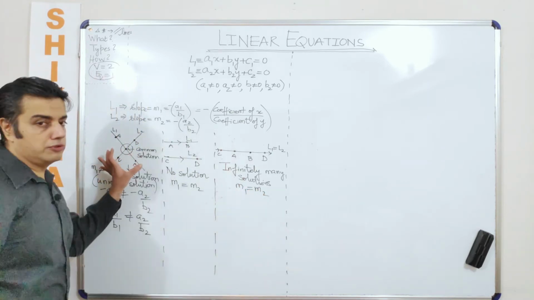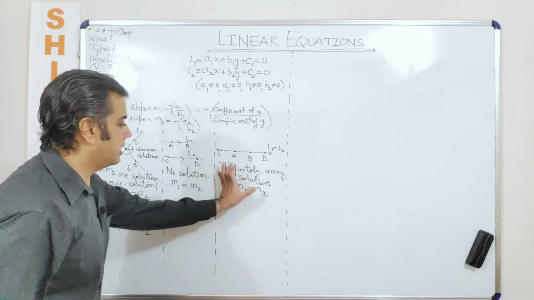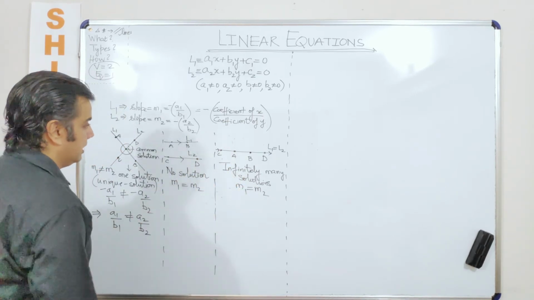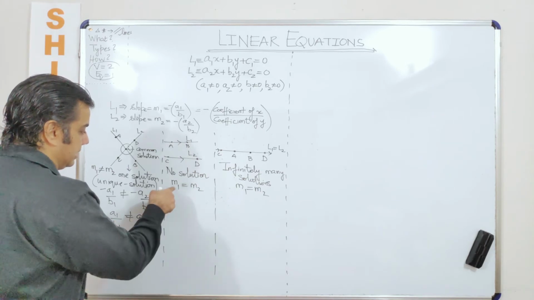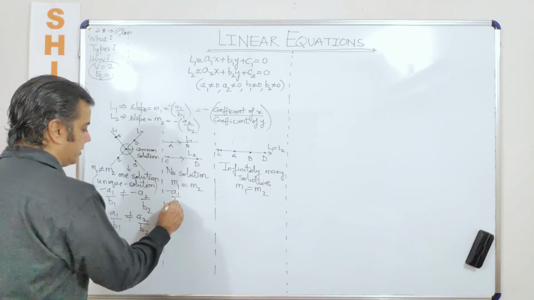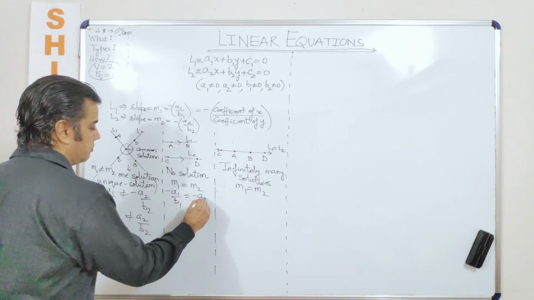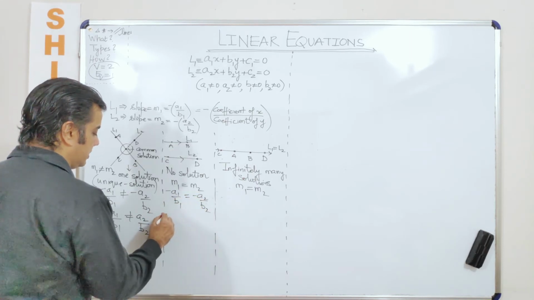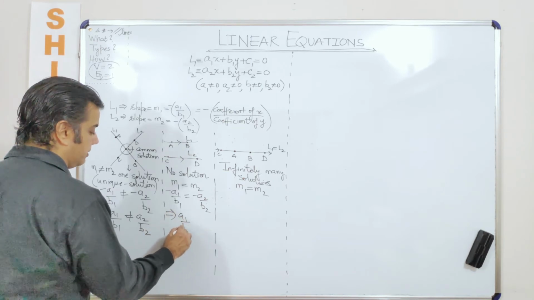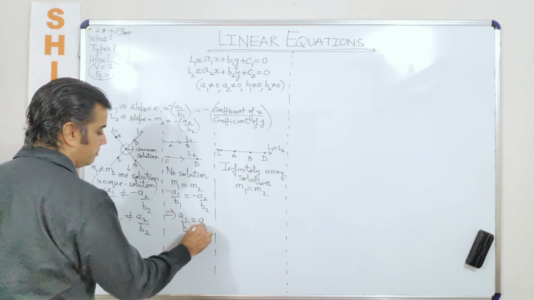So this is the condition for slopes not being equal, and these two are conditions for slopes being equal. When we do this, I'll say the same: minus a1 upon b1 is equal to minus a2 upon b2. So the first inference that I'm going to get from here will be a1 upon b1 equal to a2 upon b2.